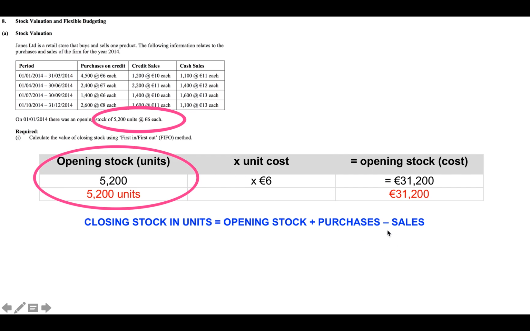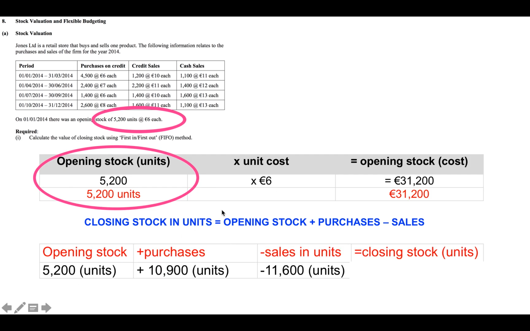But then from your warehouse are going to go all of the ones that you have sold. So they're all going to leave the warehouse. So you've sold all of these credit sales and all of these cash sales. We've worked out all of the totals in those earlier on.